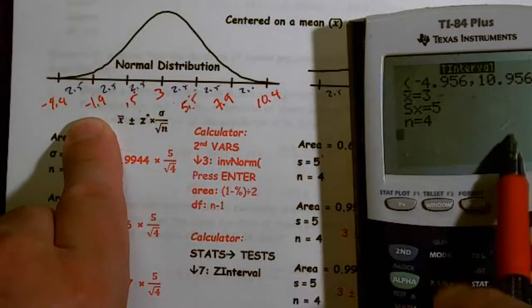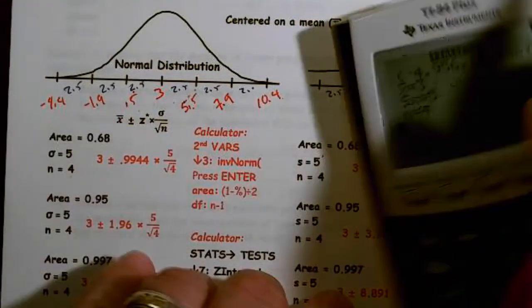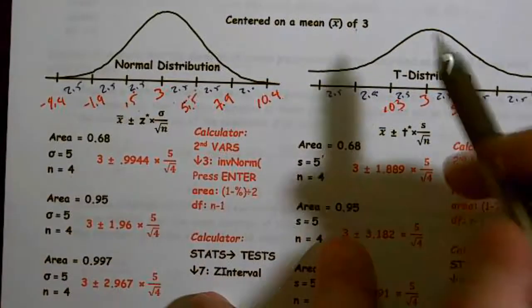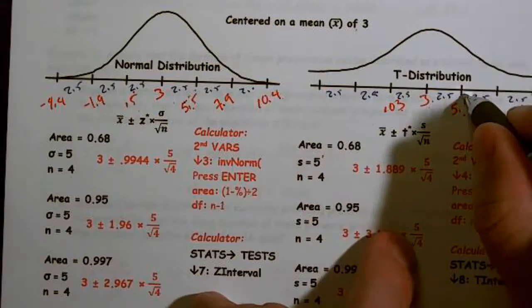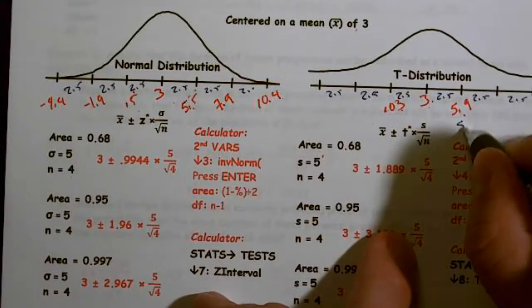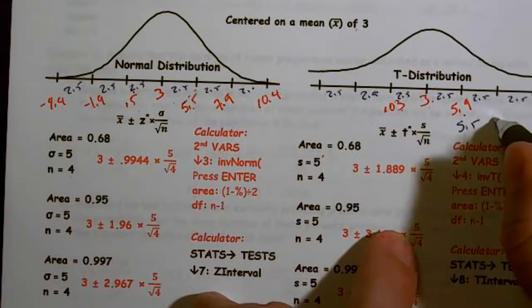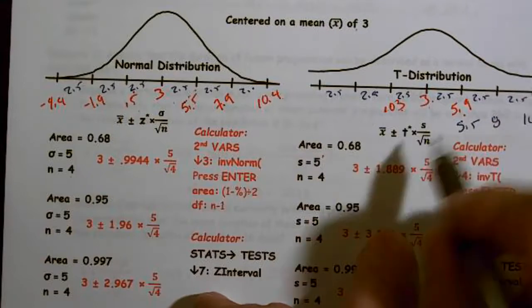That's a lot farther out. And this is going to be even that much further out. And here's what I mean by that. This distance is, if this is 3, this is 2.5, this would be 5.5. This would be at 8, and this was at 10.5.